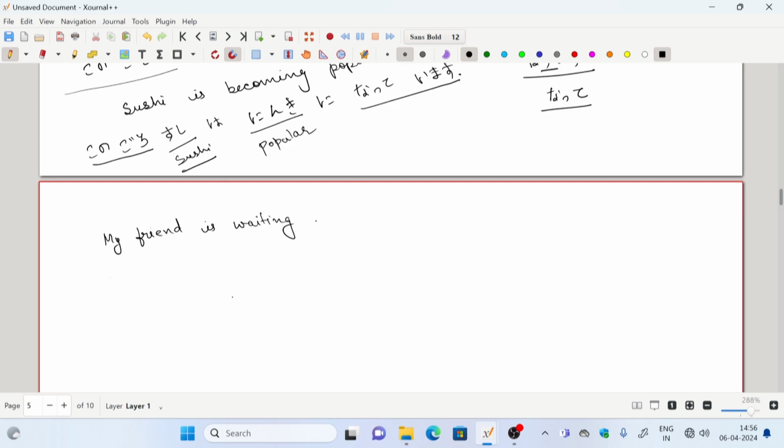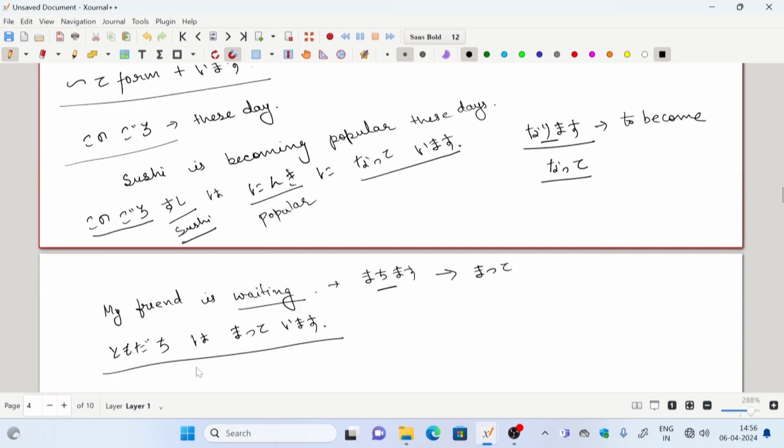So friend will be tomodachi. Waiting is machimasu. It will change into, since there is chi sound, matte. Tomodachi wa matte imasu. My friend is waiting.